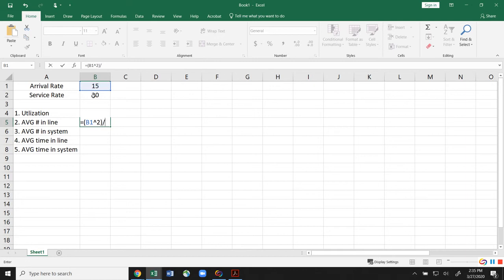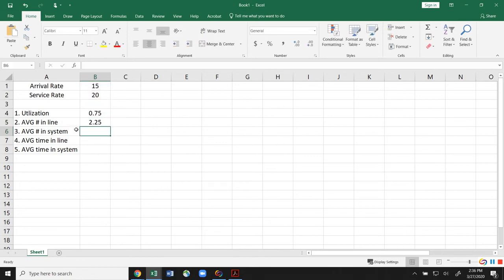I'll divide it by, I do need a parenthesis before. All right, so 2.25. You can always hit pause there and look at the formula to make sure you have it right. So I'm just going to go right on to the next one.